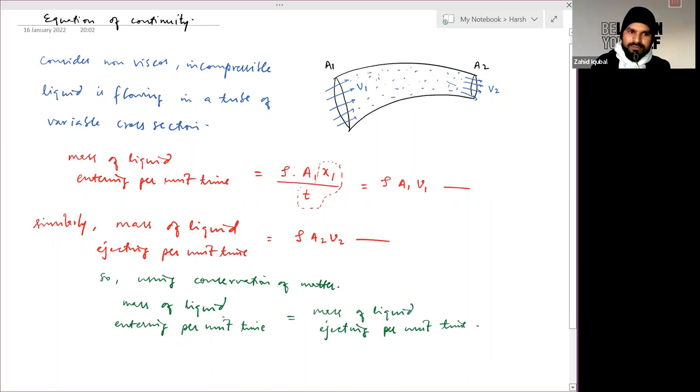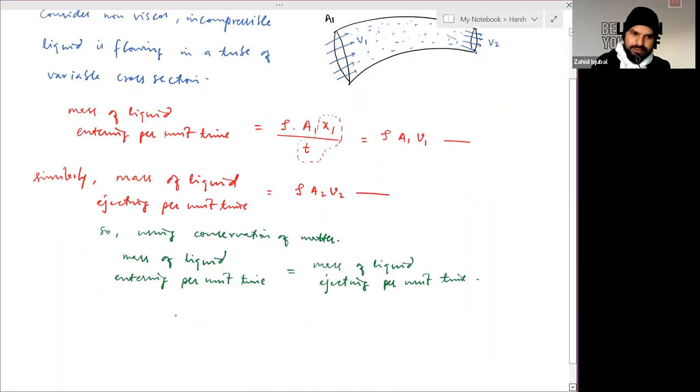On putting the values of these two parts, you will get rho A1 V1 must equal rho A2 V2. Rho and rho get cancelled out. So A1V1 equals A2V2.